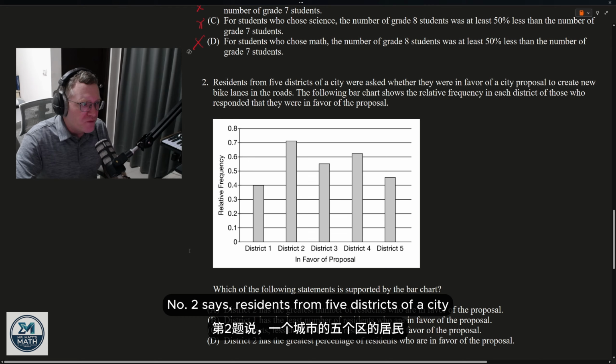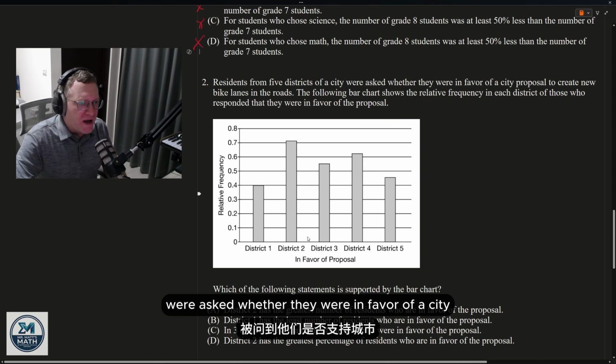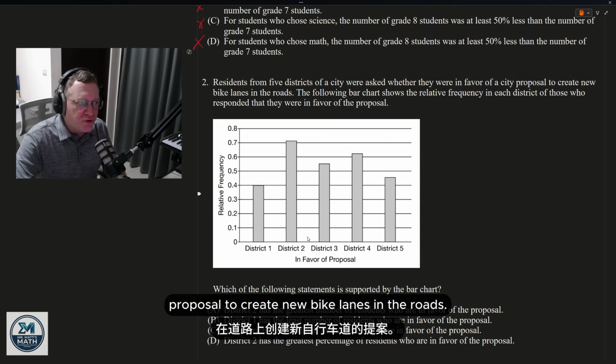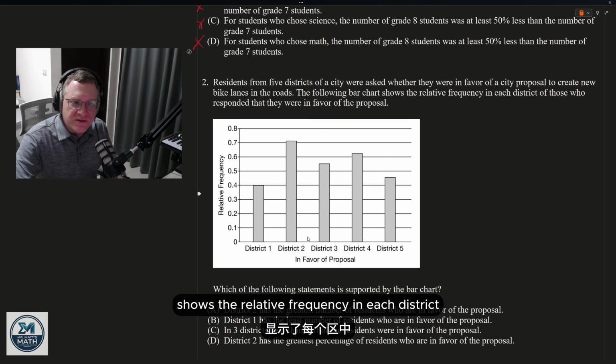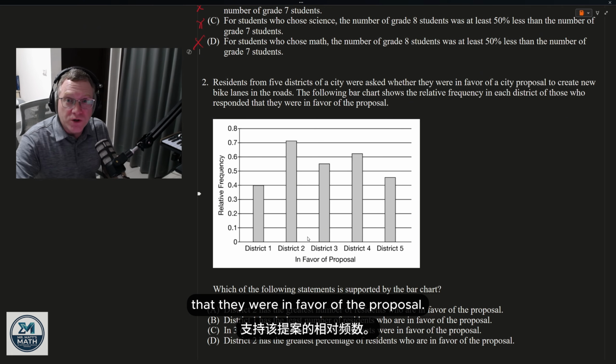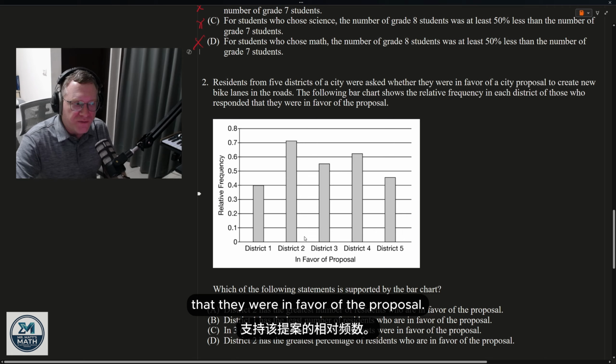Number 2 says residents from 5 districts of a city were asked whether they were in favor of a city proposal to create new bike lanes in the roads. The following bar chart shows the relative frequency in each district of those who responded that they were in favor of the proposal.